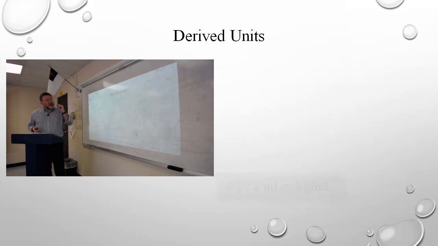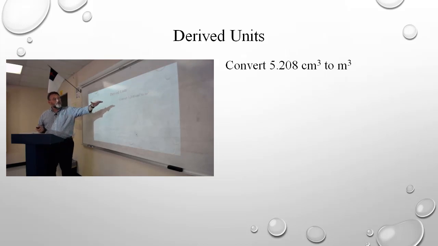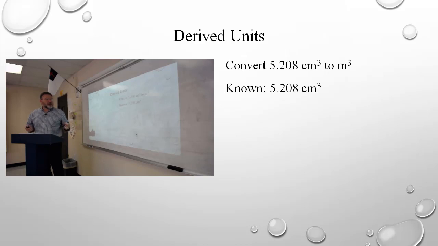Let's go ahead and apply this idea. In the book, it talks about converting 5.208 cubic centimeters to cubic meters. So our known is that we have 5.208 cubic centimeters. The unknown is how many cubic meters is this?